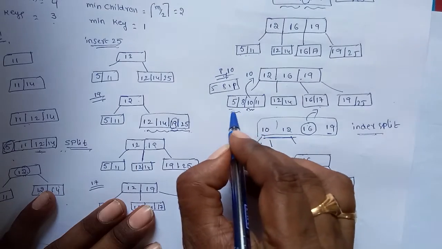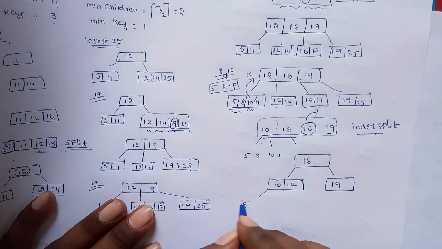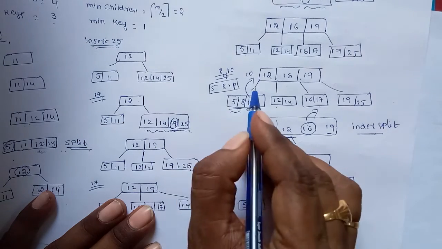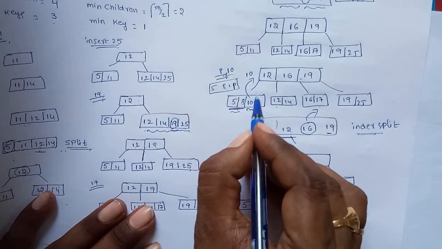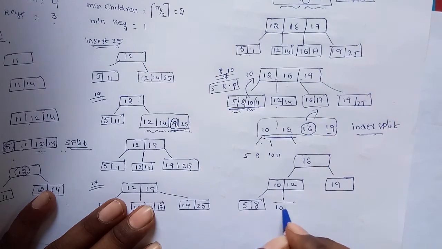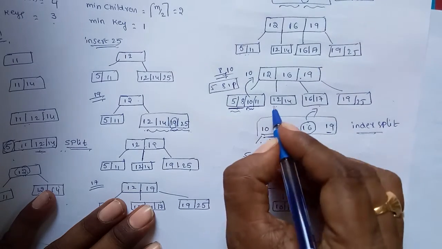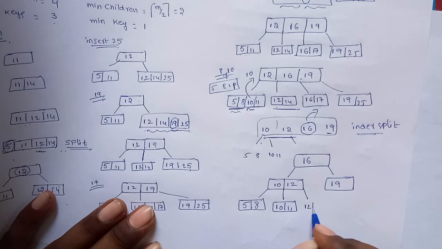So for 10 and 12, observe step by step. For 10 and 12, the left child is 5, 8, and 10, 11 is the middle one. For 12, the child is 12, 14.